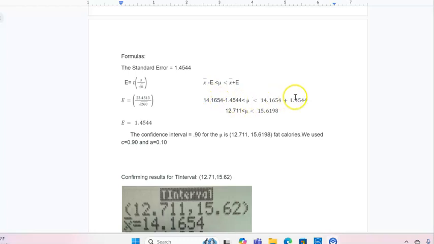We just plugged in the numbers that we gathered before in this problem, which is going to be 14.1654 minus 1.4544. And for the other side, we did 14.1654 plus 1.4544. And then we got 12.711, and then for the maximum we got 15.6198.